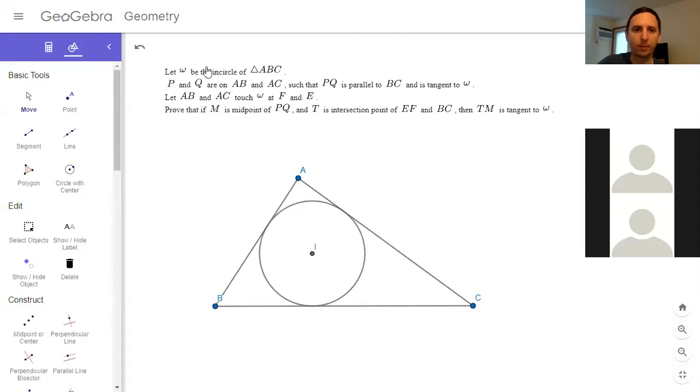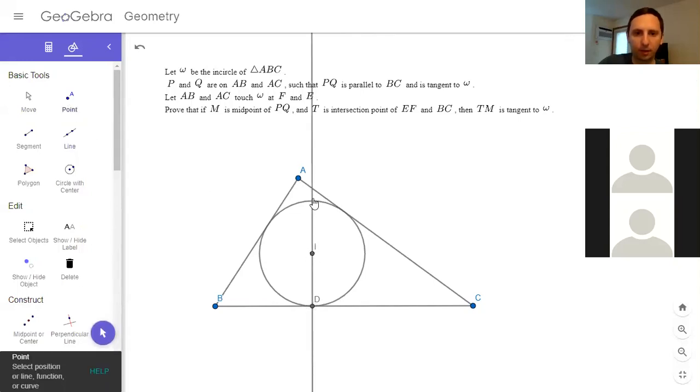So this is the first problem. We have a triangle ABC. P and Q are on AB and AC so that PQ is parallel to BC and it's tangent to the incircle. Basically that means PQ has to pass through the topmost point of the incircle.